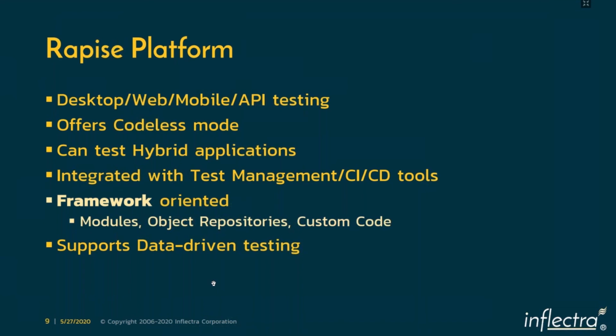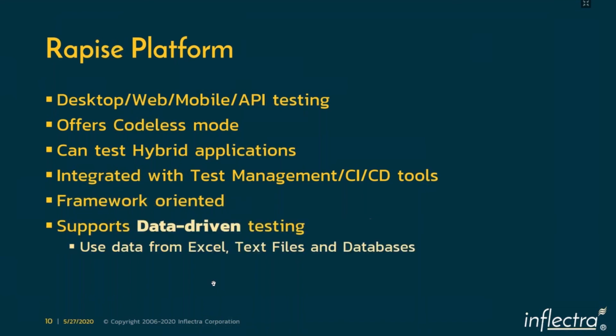You may have different object repositories, shared object repositories, local object repositories. You may write custom code that may be reused by your tests. So with Rapise, it is relatively easy to create full-featured frameworks. And one of such frameworks will be presented today.